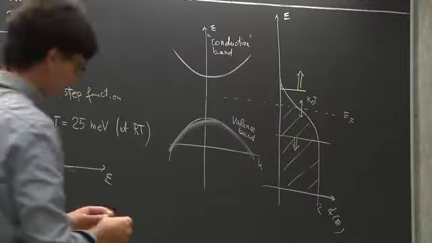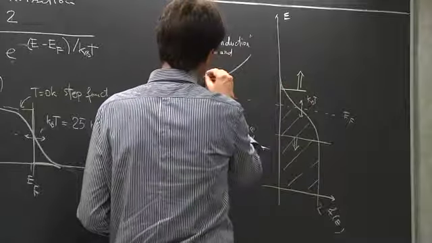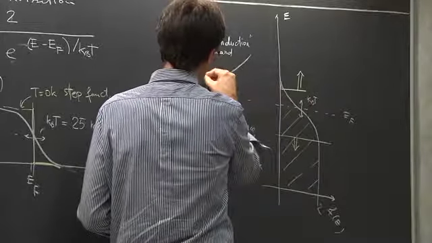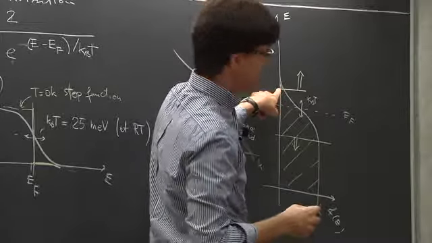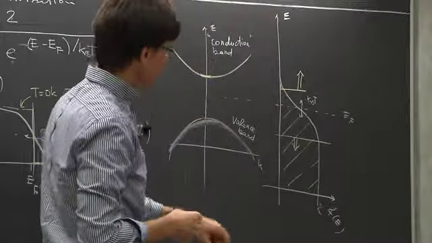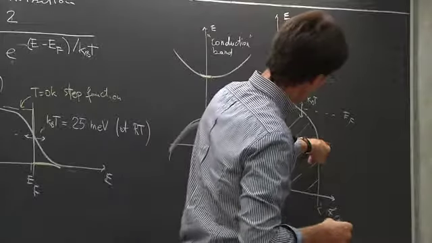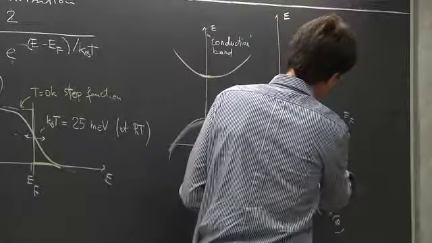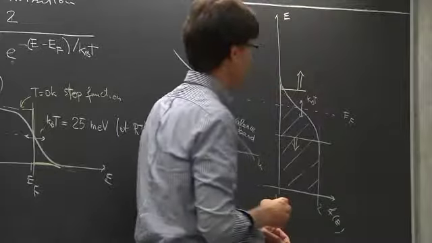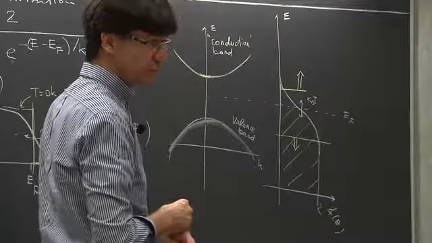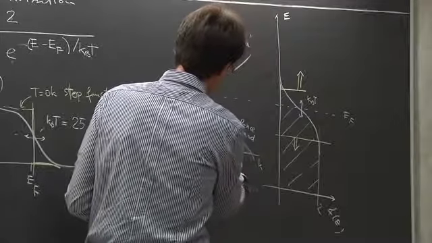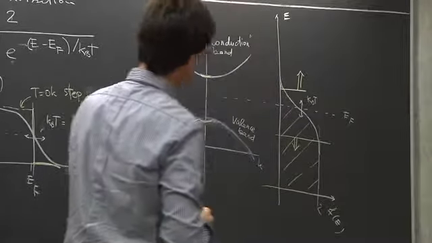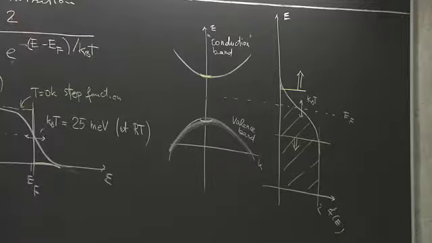Okay, so we obtain an occupation number which is small but finite in the conduction band. Similarly, there will be an exponentially small departure from the value of 2 here. So there will be a small depletion of electrons close to the top of the valence band.